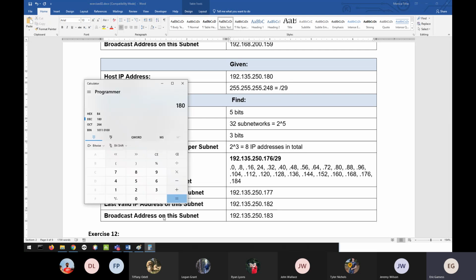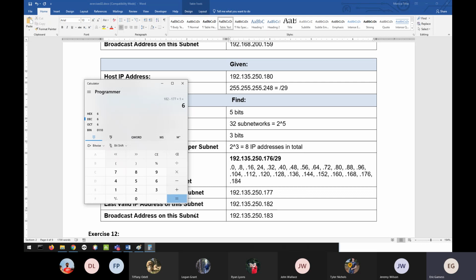Let's verify that. 182 minus 177 plus 1 has to be 6. As you can see, we have 6 IP addresses.